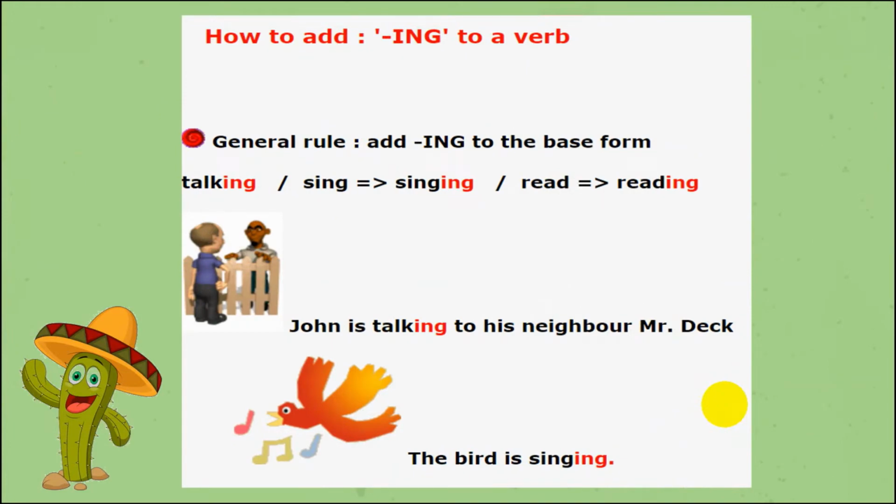And now I will show you how to add ing to the verb. First one, the general rule: add ing to the base form of the verb. For instance, talk plus ing, you can say talking.